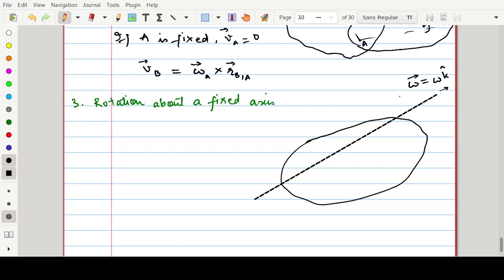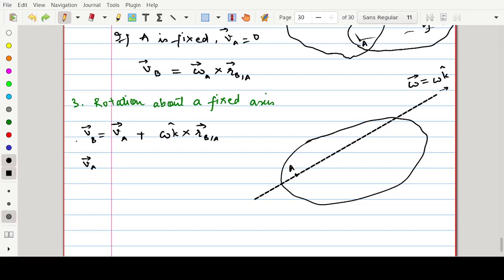Then in this case we can write VB is equal to VA plus omega k cross R B slash A. Now if A is any point on this axis, velocity of A will be 0.